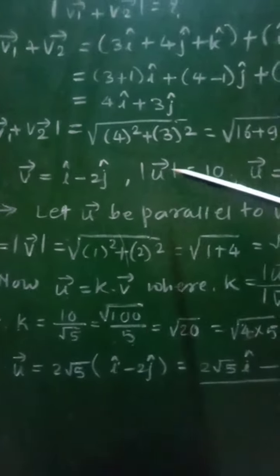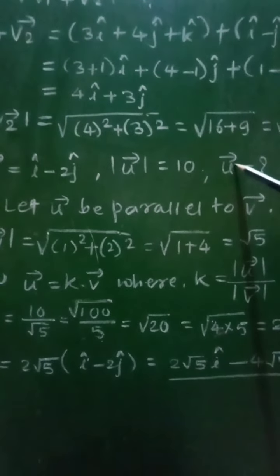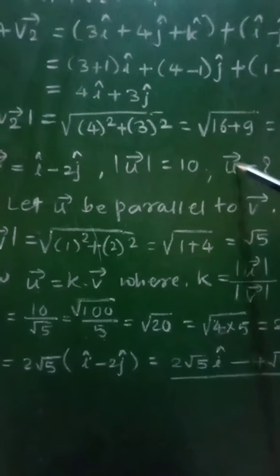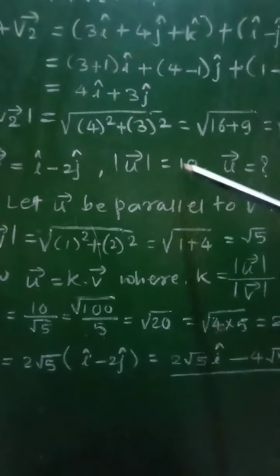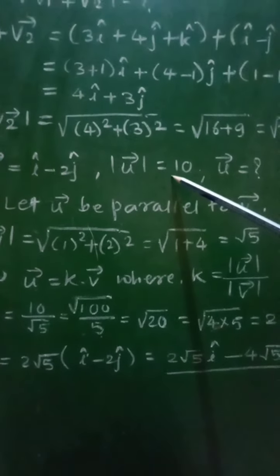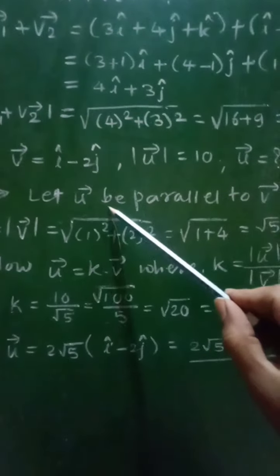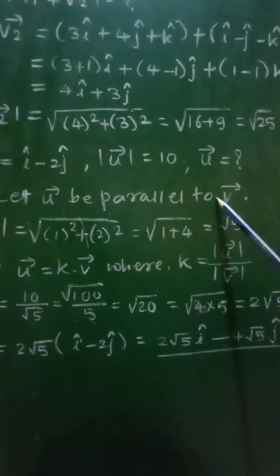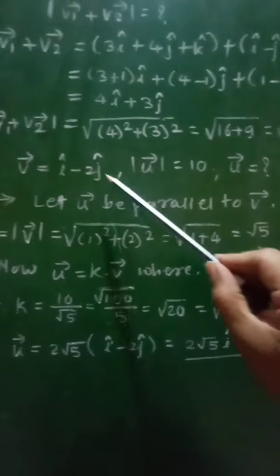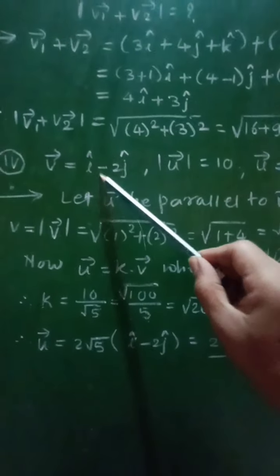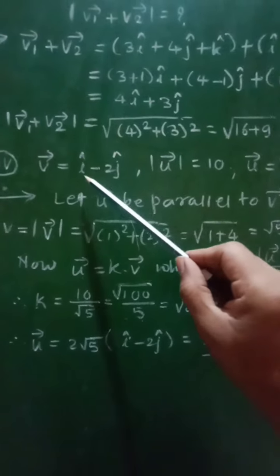Now for this vector, let u be the parallel vector that we have to find out, whose magnitude is given equal to 10, and therefore let vector u be parallel to vector v.